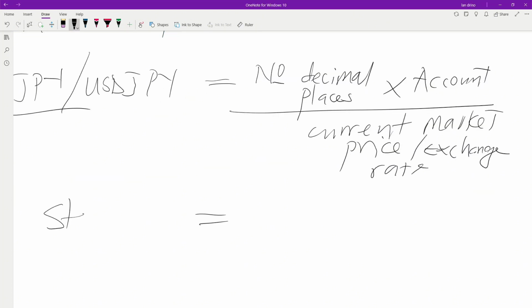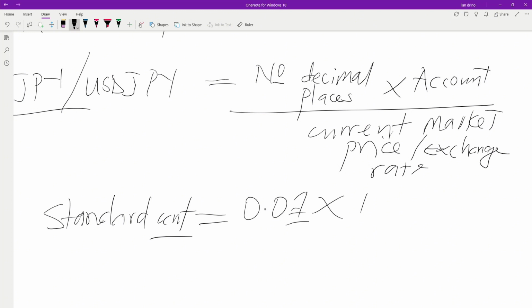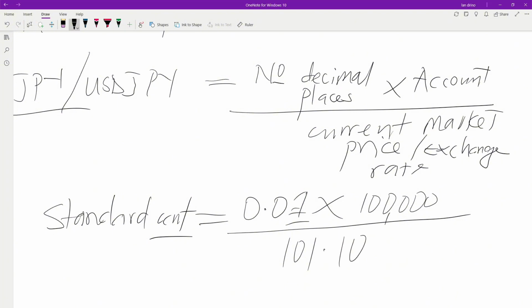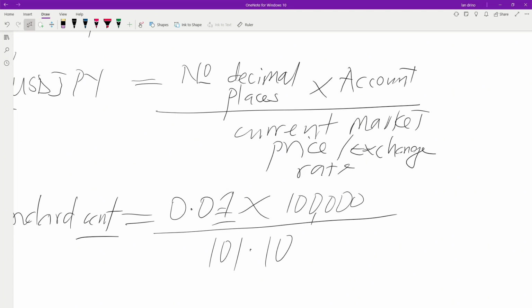If you are trading a standard account for the JPY pairs, remember the JPY pairs are calculated in 2 decimal places, 0.01, where this one here is the pip. We are going to multiply it by a standard account, which is 100,000 units of currency. Just assume that the current market price is 101.10. The Japanese yen pairs, this is how they are written. This is how you are going to see their quotes when we start trading.